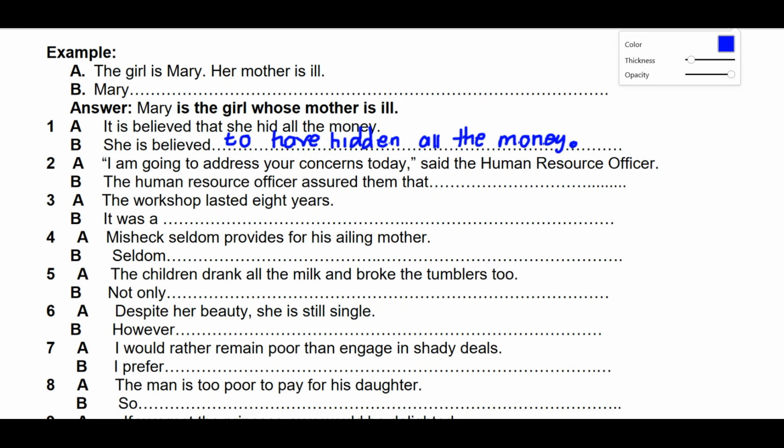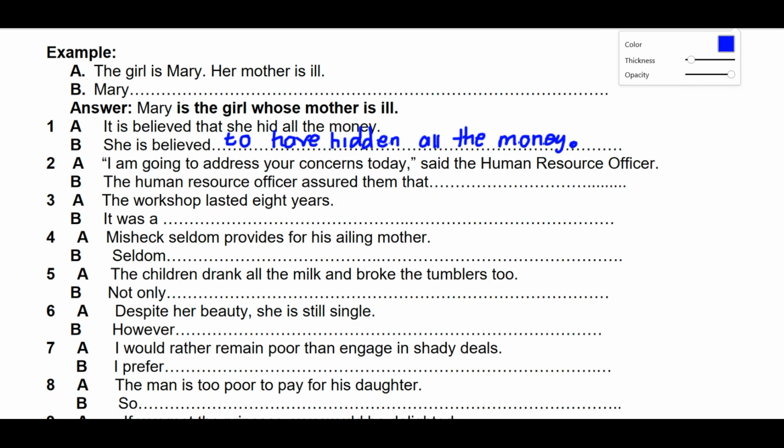Okay, so we move on to number 2. I am going to address your concerns today, said the human resource officer. The first sentence is given in direct speech, and we just need to change it from direct into indirect.